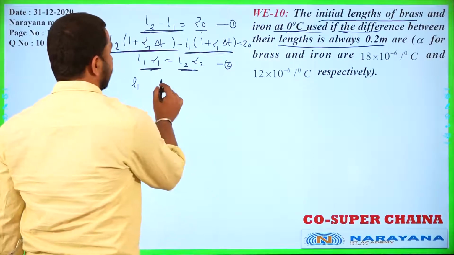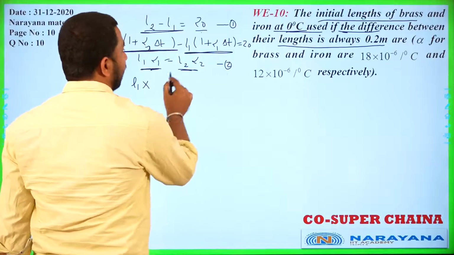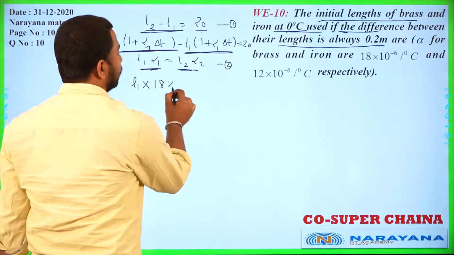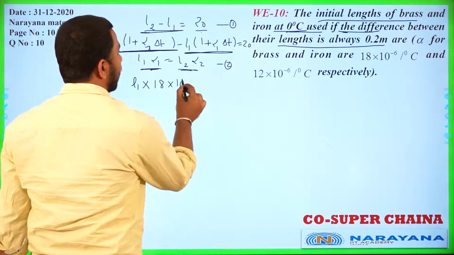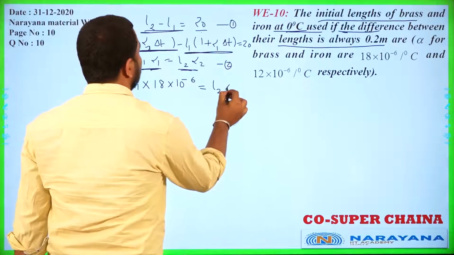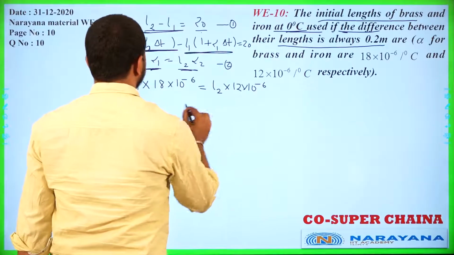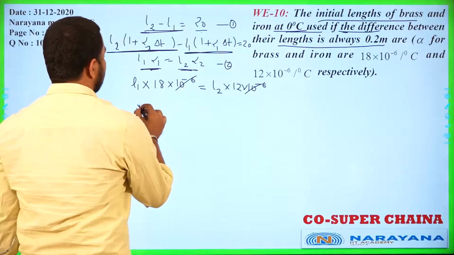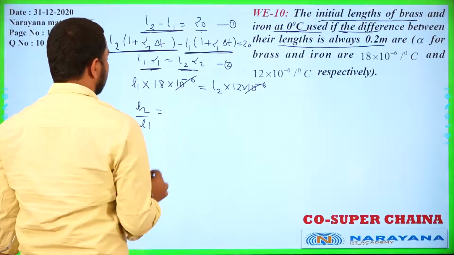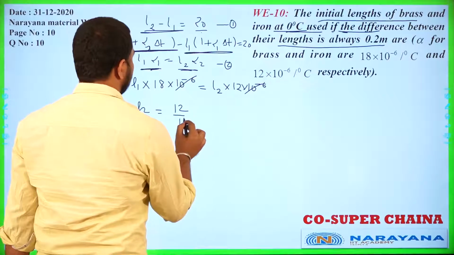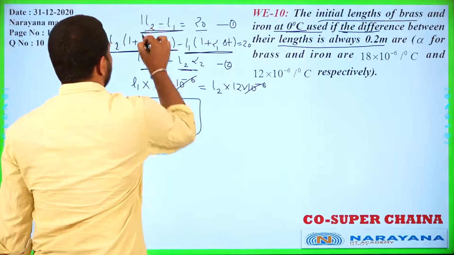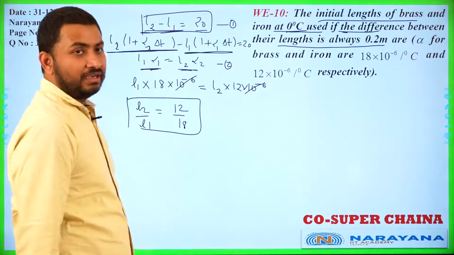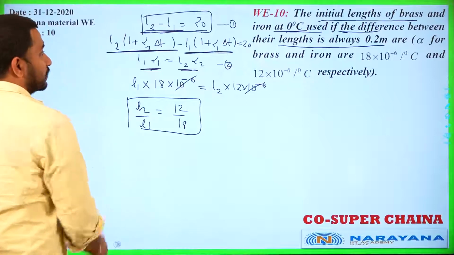For brass it will be 18 into 10 to the power minus 6 is equal to L2 into 12 into 10 to the power minus 6. The 10 to the power minus 6 can be cancelled out. Here we get L2 by L1 as one equation, which will be 12 by 18. This is our equation 1, this is our equation 2: two equations and two variables. You will solve and get the values of L1 and L2. Right? Let's move to the next question.